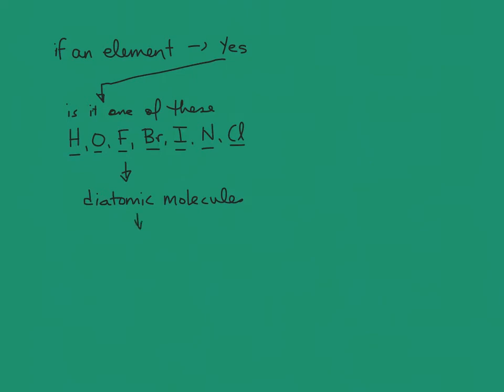Which means when they're written alone, if you see an example, oxygen gas, well, it's written by itself as O2 because it's a di, meaning two atoms, molecule. Okay, hydrogen gas, it's H2.